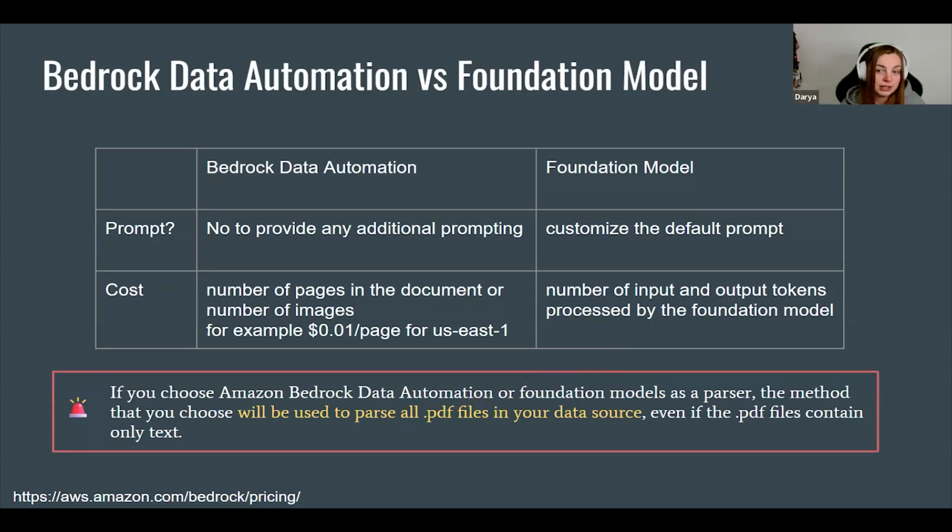And this is something to be aware of, because if you have, let's say, tens of thousands of PDF pages saved in your storage, and only a fraction of them contain images, then probably you would like to, I don't know, maybe split them, or just be aware of those costs, because all of these pages would be processed by the indicated method.